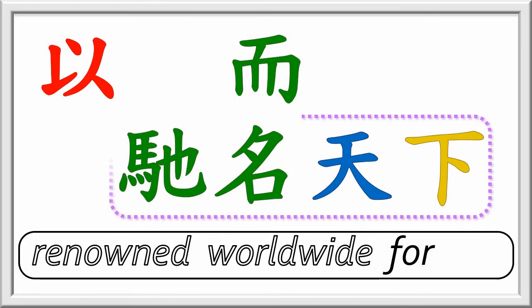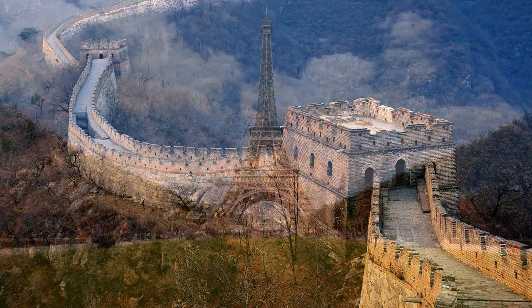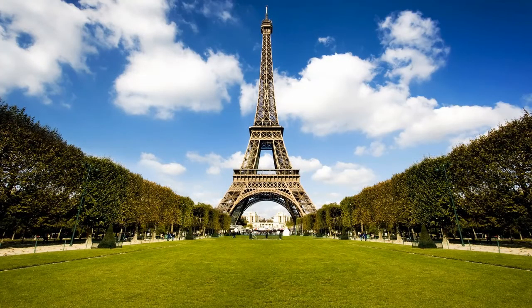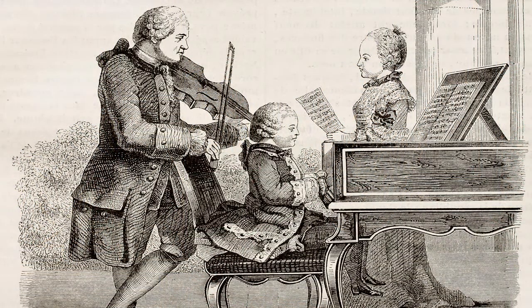And a pattern to express for what reason a person, food, or structure is world-renowned is as follows. 以而驰名天下, renowned worldwide for ... Some possible examples that would fit this pattern would be China's Great Wall, France's Eiffel Tower, America's Statue of Liberty, Picasso's paintings, Mozart's music, etc. Here is our color chart with today's 10 characters.